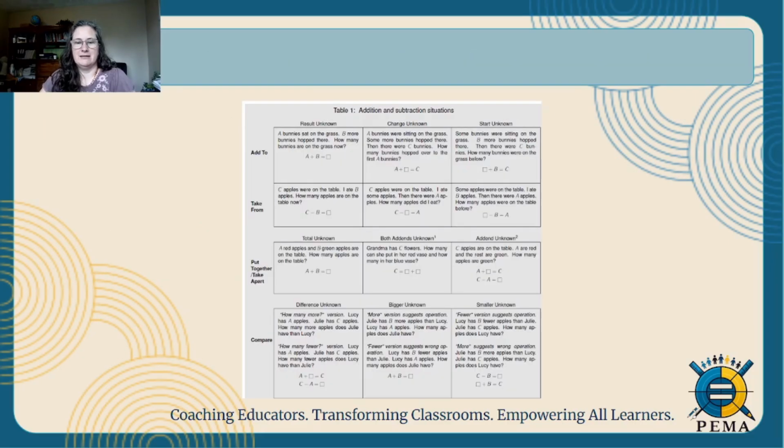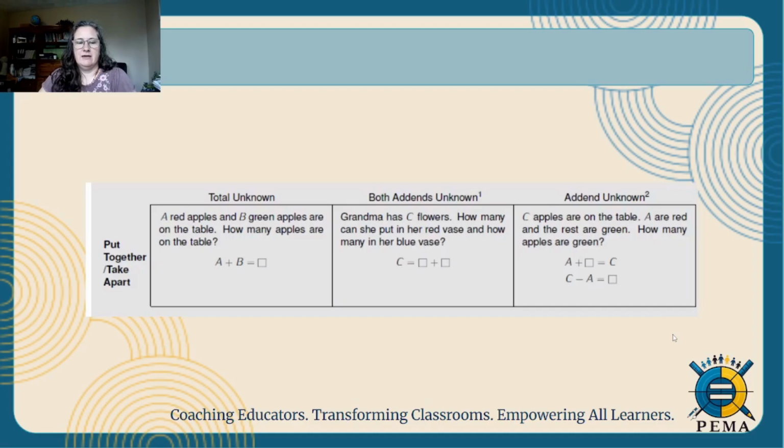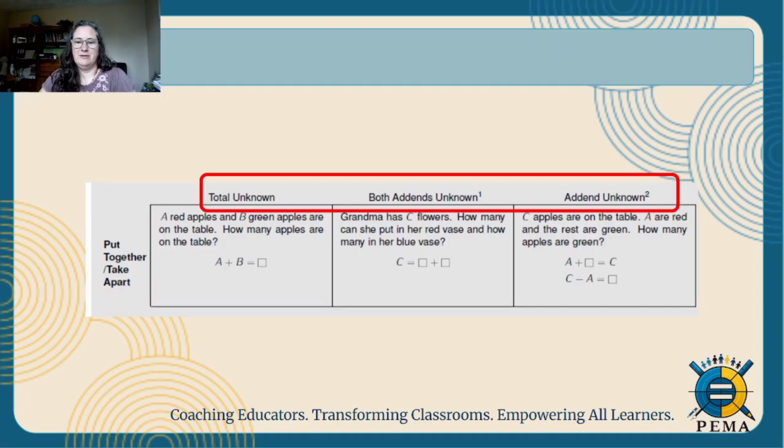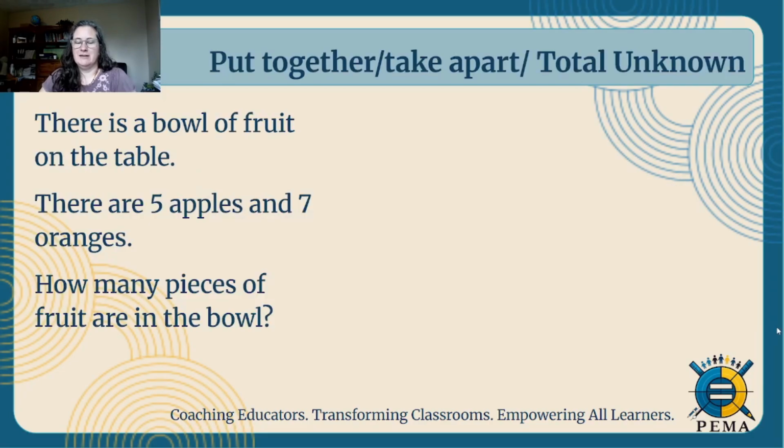We're going to be looking at the middle row of this table from the progressions document, which is also found in the Common Core standards and many state standards. In this video, we're going to be looking at put together take apart problems, and there's three kinds of these. We might have the total unknown, both addends unknown, or one addend unknown. So let's get started.